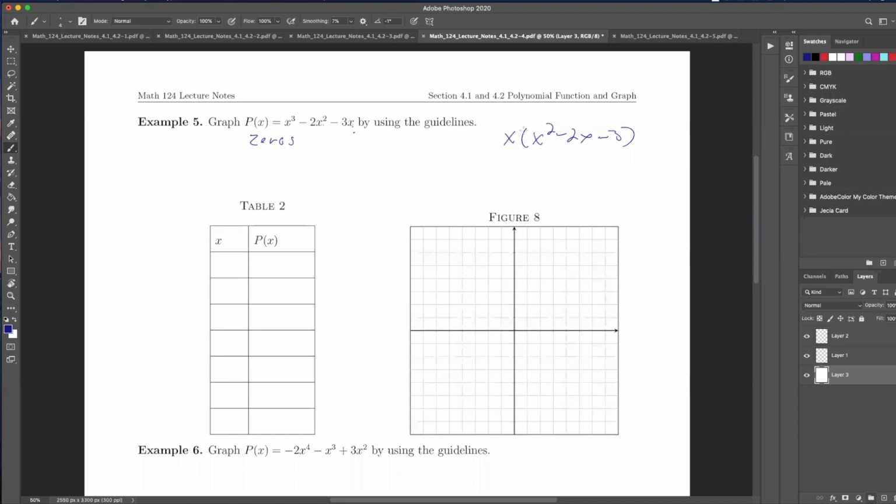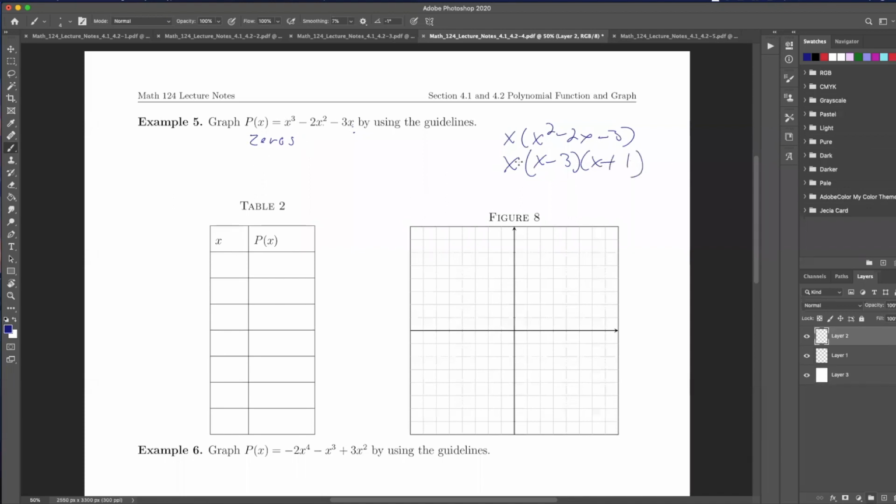All right. So here we do this. Then we can factor this, and so this becomes x minus 3, x plus 1. All right, so now I have my zeros.